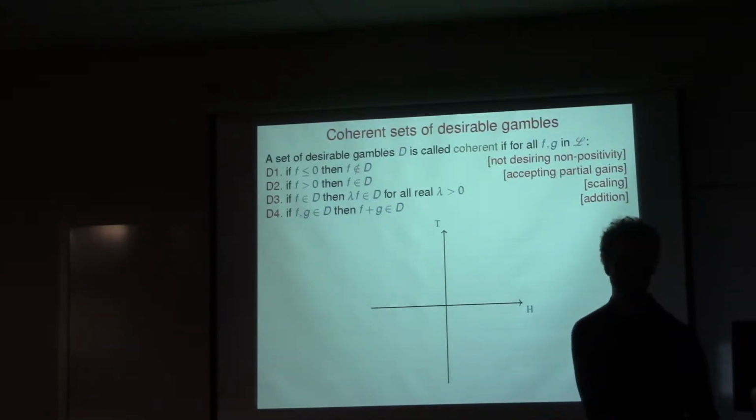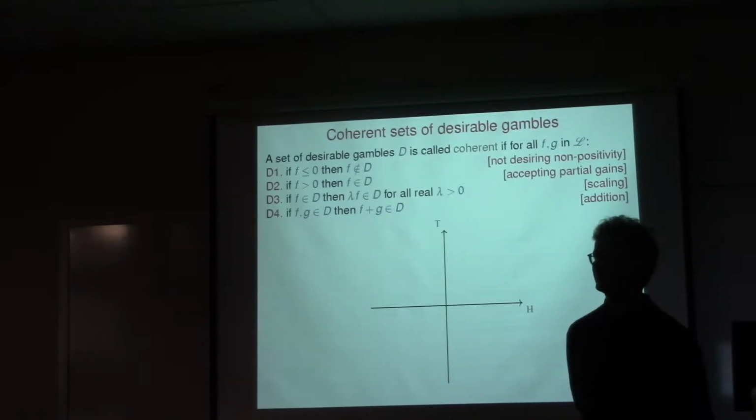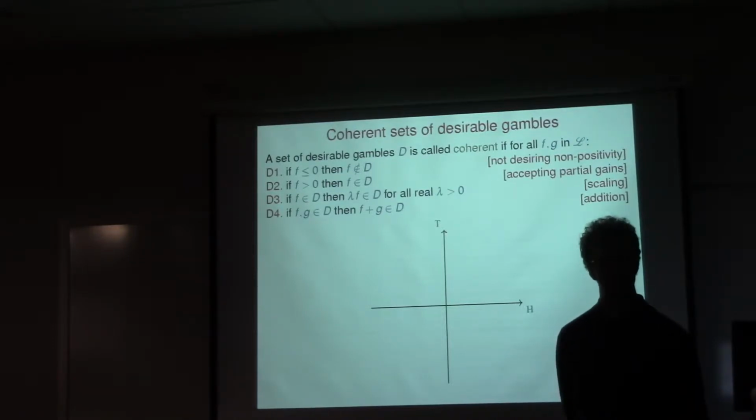If you want, I can say desired gambles in the following. Desirable sounds like something not personalist, like something objective. Yeah, no, it's meant in a personal way. What he said is the gambles I consider desirable. But he shouldn't have called it desirable then. He should have called it desired.